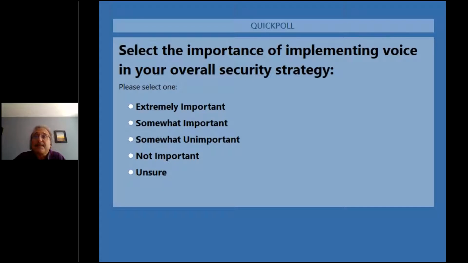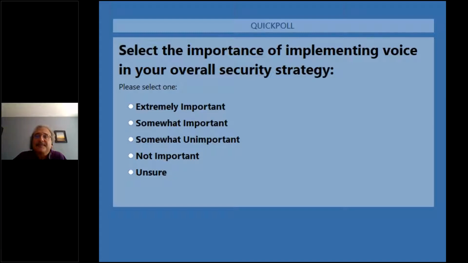Yep. So folks, please feel free to select one of these options: extremely important, somewhat unimportant, not important, or you're unsure. Hey, Ram, what do you think is going to be the result of this poll question?